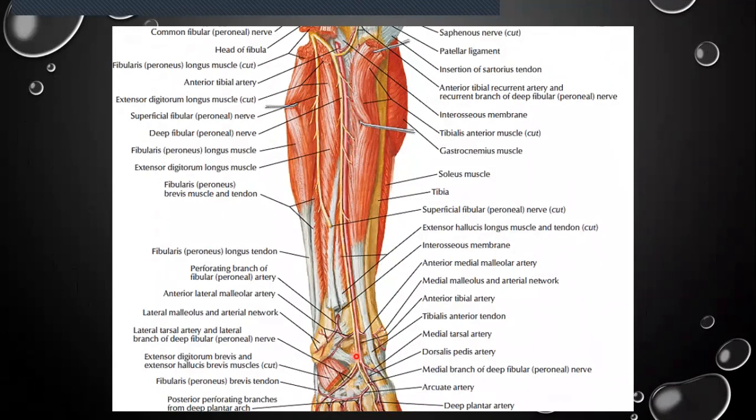Then in the lower 1/3 here, this tendon which we have cut should cross it medially so that it will lie between extensor hallucis longus and extensor digitorum longus. Then you can see here in the foot, it will change its name to the dorsalis pedis artery. Okay.